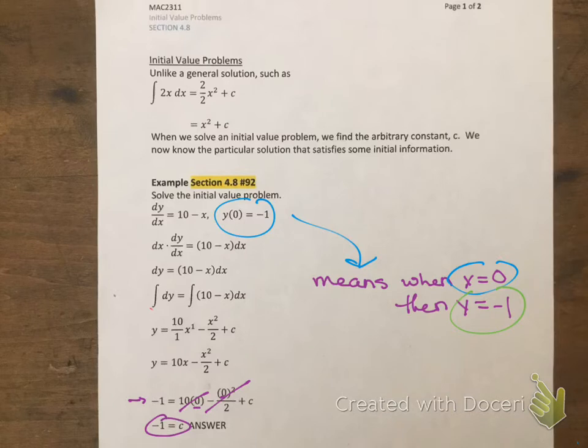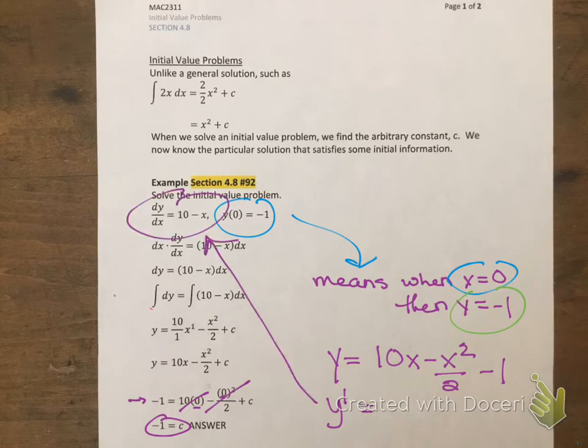So my initial function was 10x minus x squared over 2 minus 1, because when I take the derivative of this, I will get that thing right there. So this is your answer for what c is. This is my initial equation.